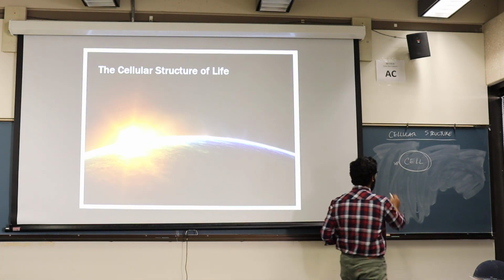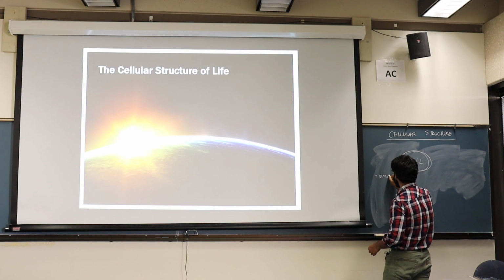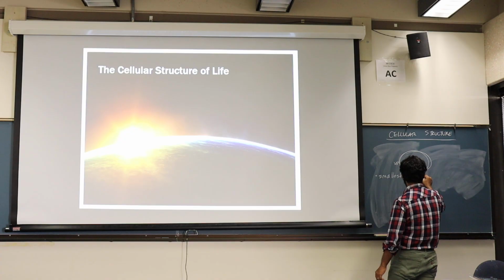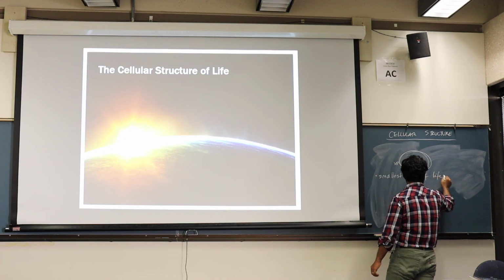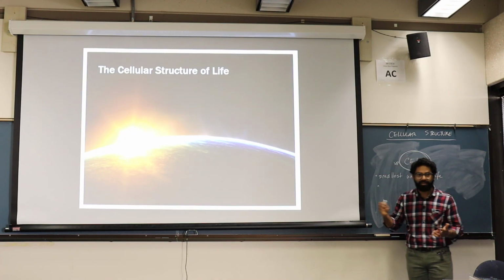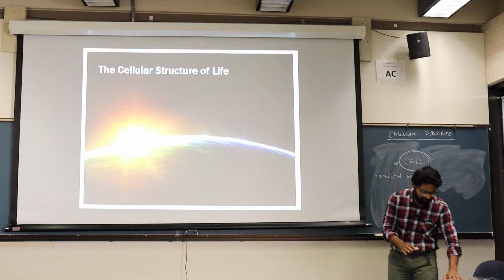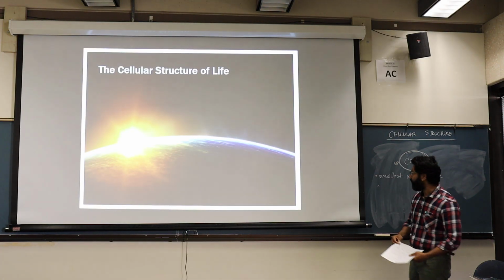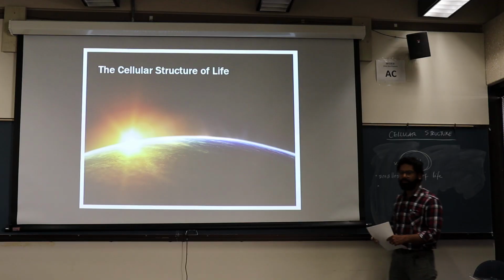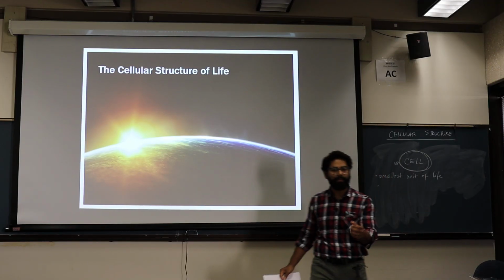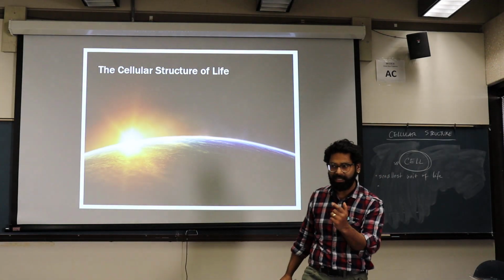This is the smallest unit of life, the cell. Now there could be different types of cells, okay? But what is also interesting, so what is the meaning of a cell? What are the other meanings of cell?